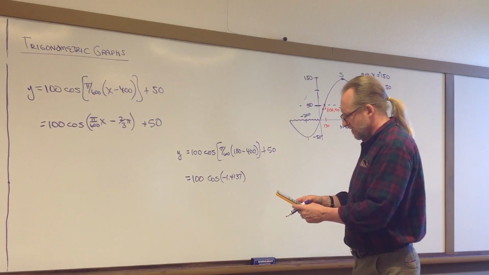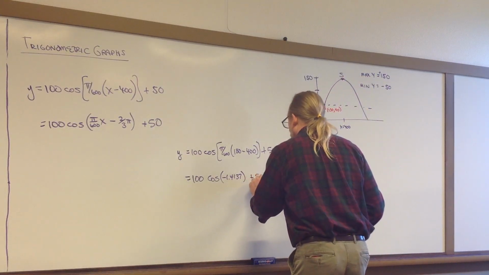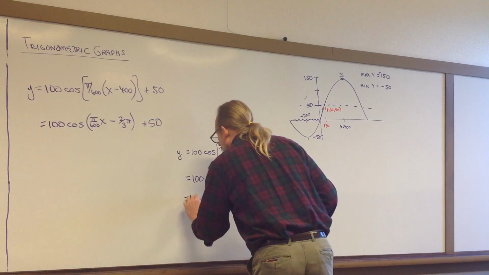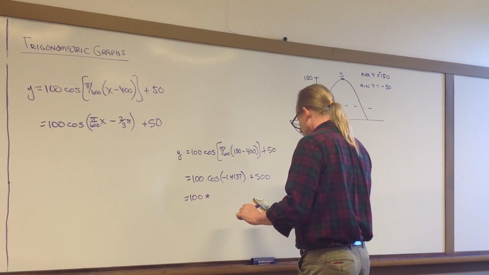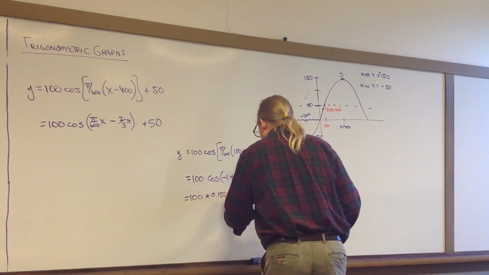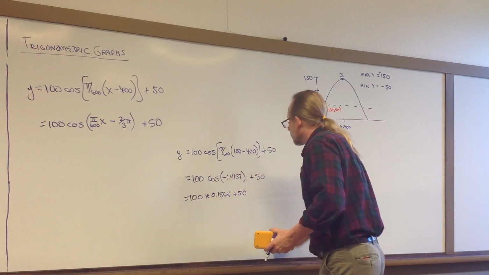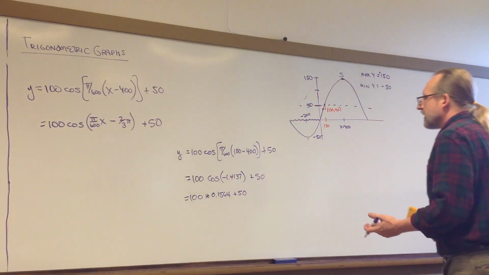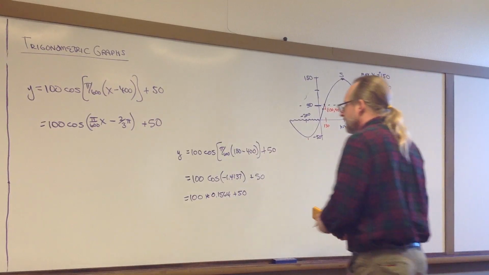And then times 100. So 100 times, what was that? 0.1564. And then plus 50. I don't know why I wrote 500 there. There we go. So that's going to be what, 65.64? Okay.